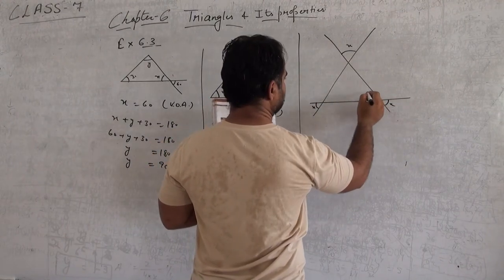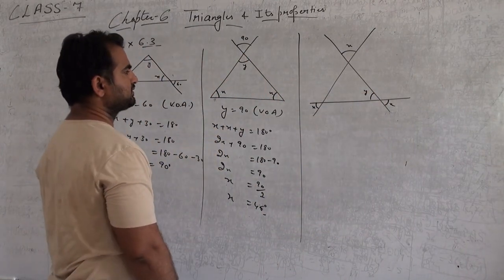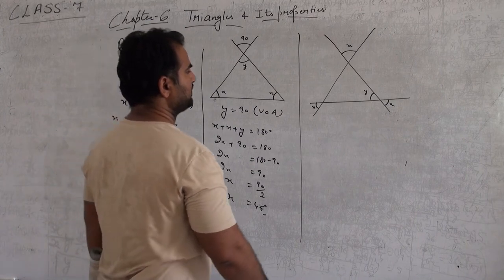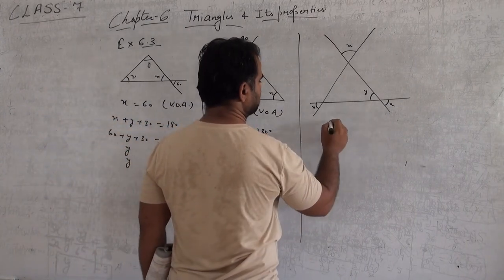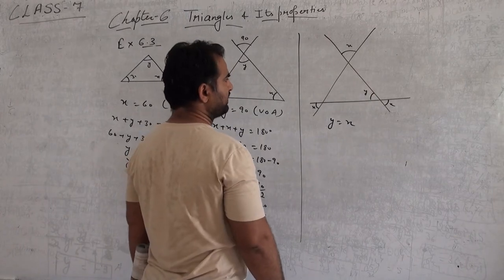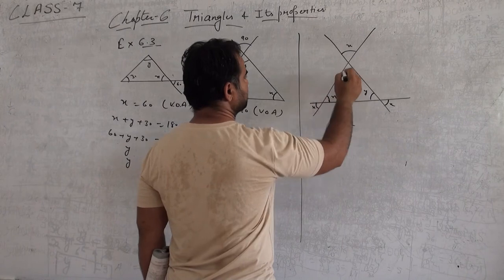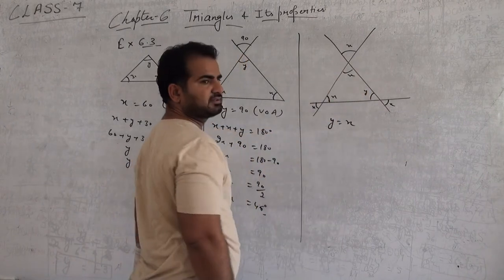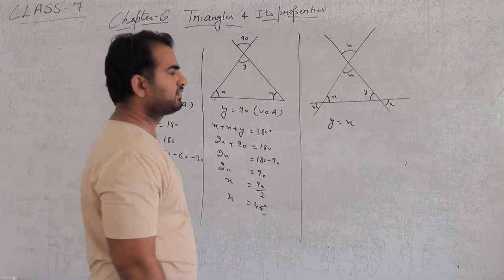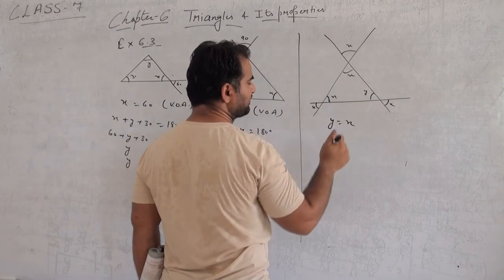Okay, and it is written that it is y. Okay. So first of all, what we must do is, we know that y equals x. Y equals x. Okay. And we also know the sum of all angles: this one will be x, this one will also be x.